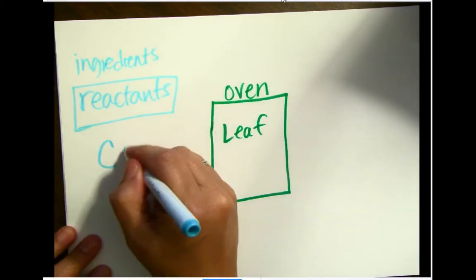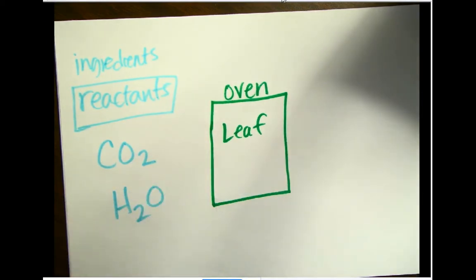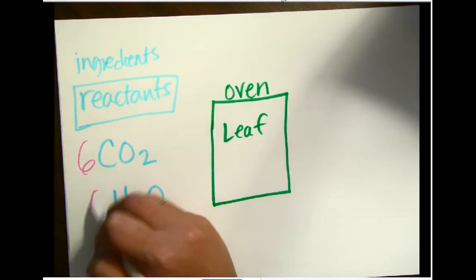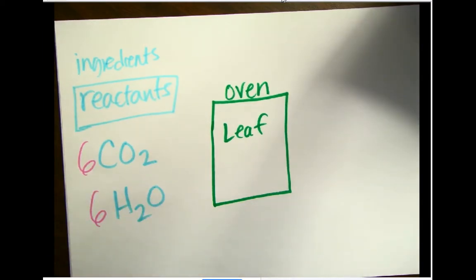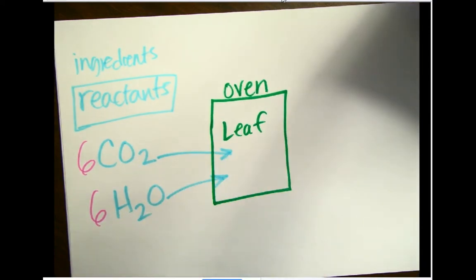Okay, we have carbon dioxide and we have water. But you have to measure things out, just like making a cake. So we need 6 carbon dioxides and 6 waters in order for this to work. Okay? So in the leaf, in the chloroplast, they go.